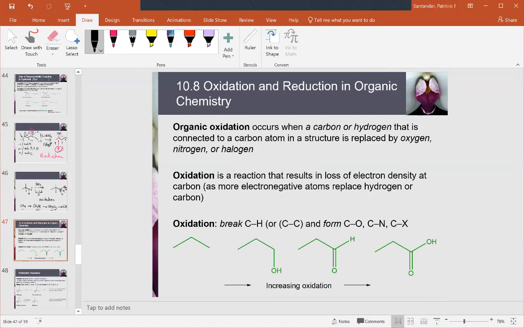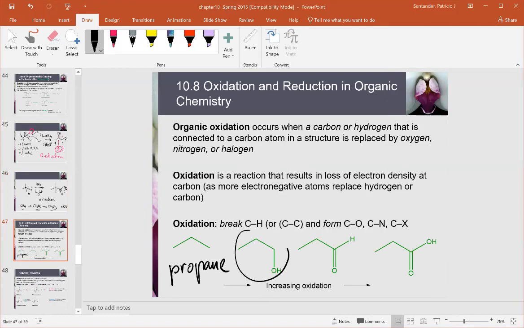So here we have another series of oxidation. You can go from propane, you can go to propanol. Now we have one more attachment to a highly electronegative element, oxygen. Then we go to the formation of propanaldehyde.